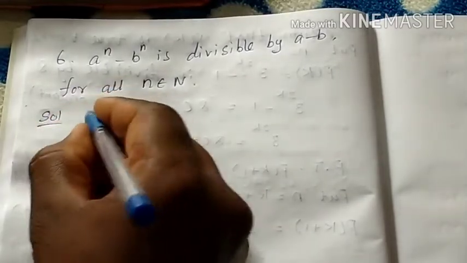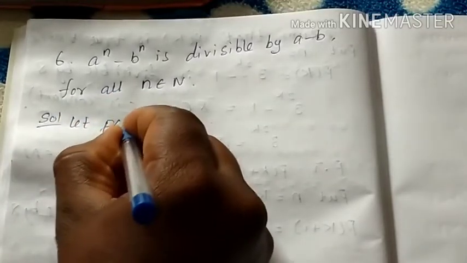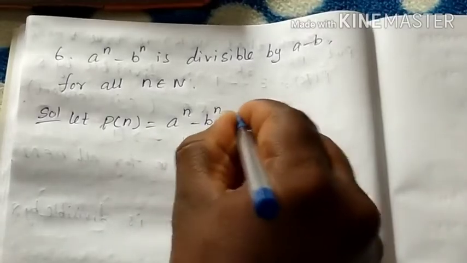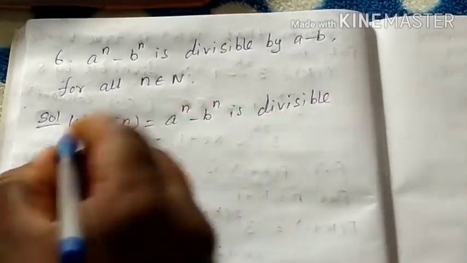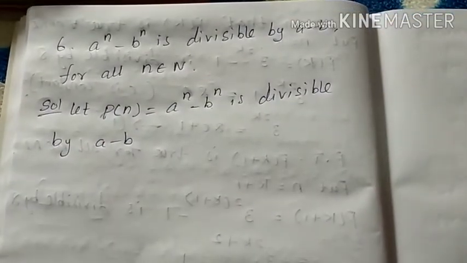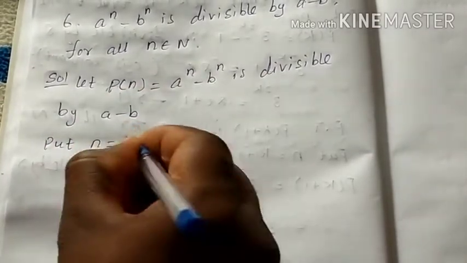Solution. First assumption is P of n. So let P of n equal to a power n minus b power n is divisible by a minus b. This is the assumption. Next put n is equal to 1.